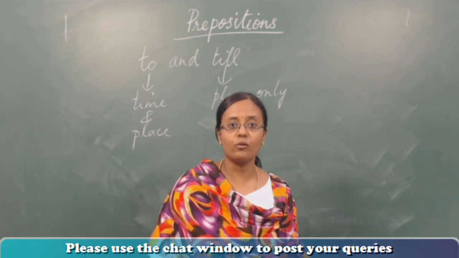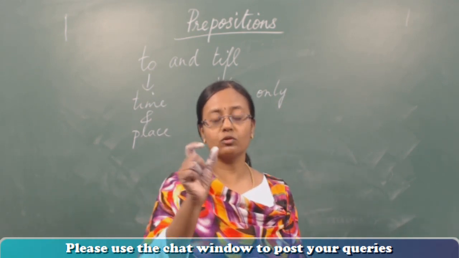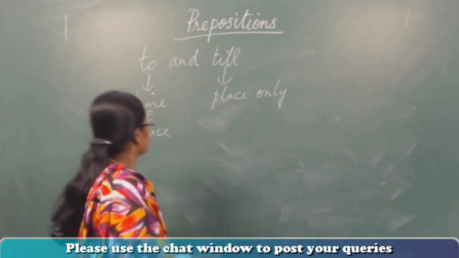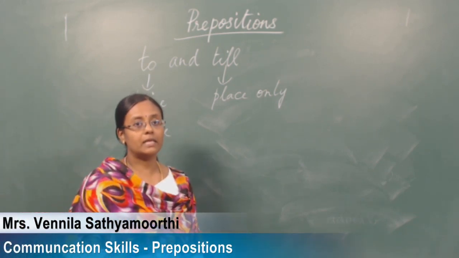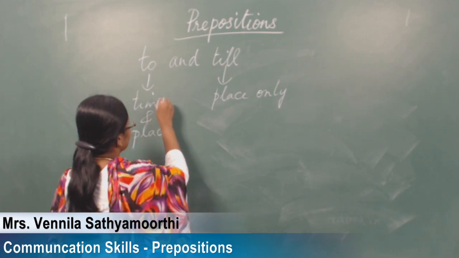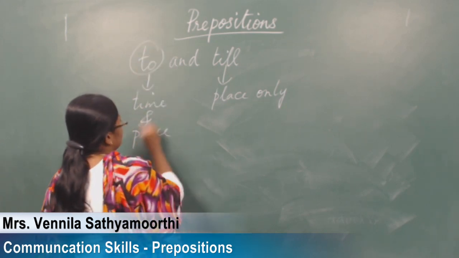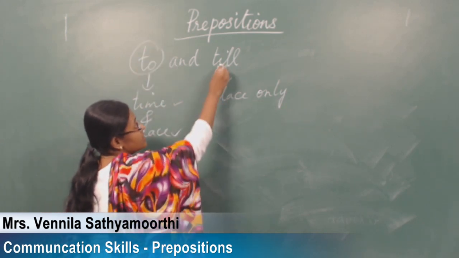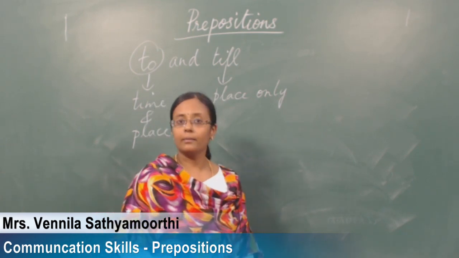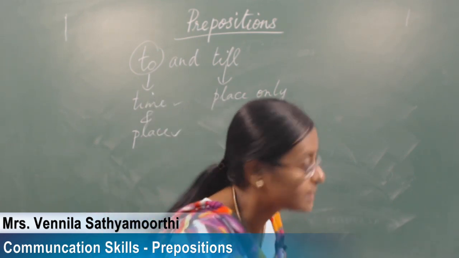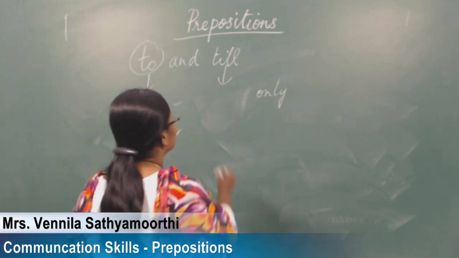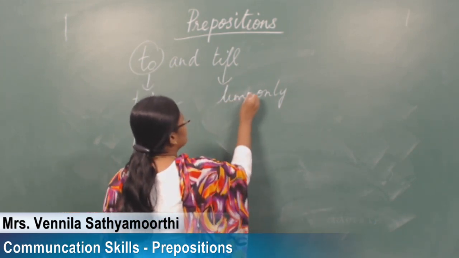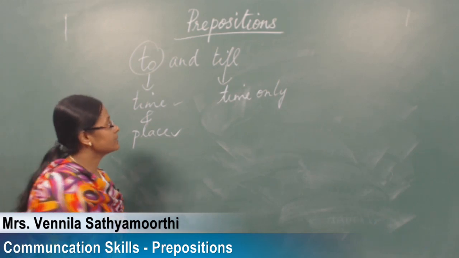My job is from 9 to 5. There to is used with time. And place, we went to Delhi. So here you see to being used for both time and place. Till we cannot use for place, it's time only.